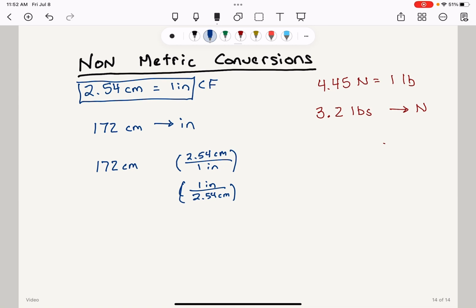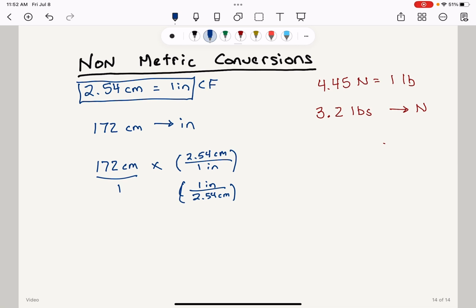What I like to think is that you are always going to take this number, whatever you're converting, and multiply it by something. The question is, which one of these are you going to multiply it by? The answer is whatever cancels the unit. You can think of this number as being over 1.